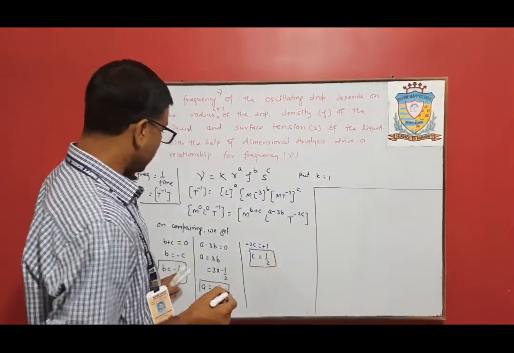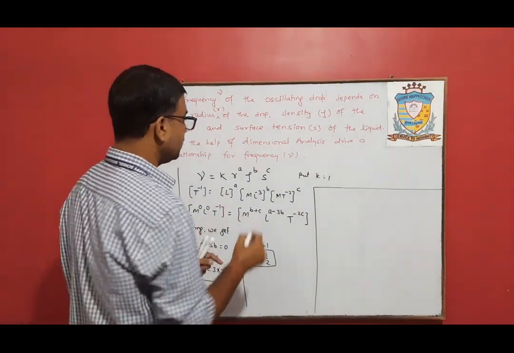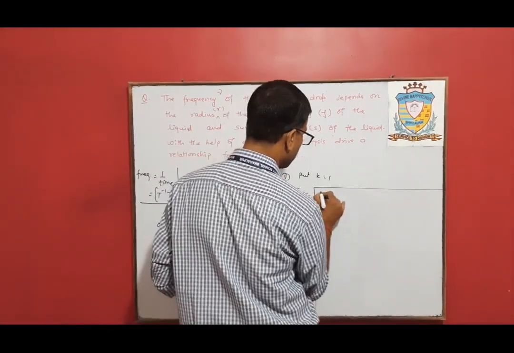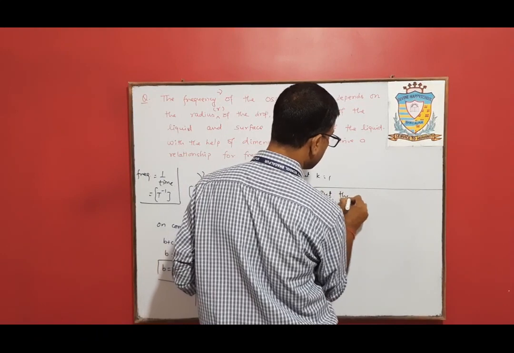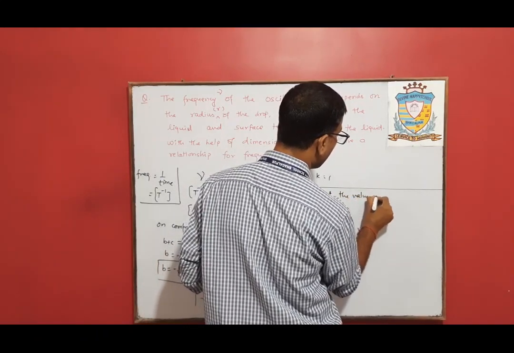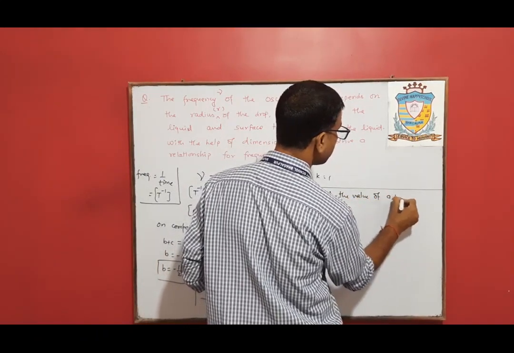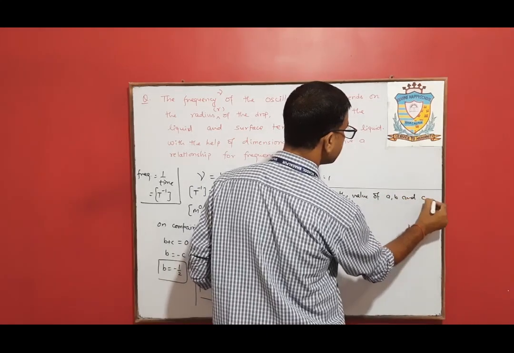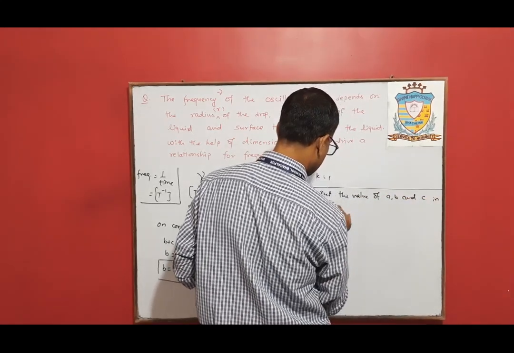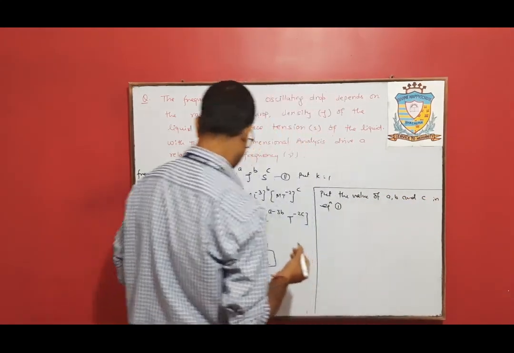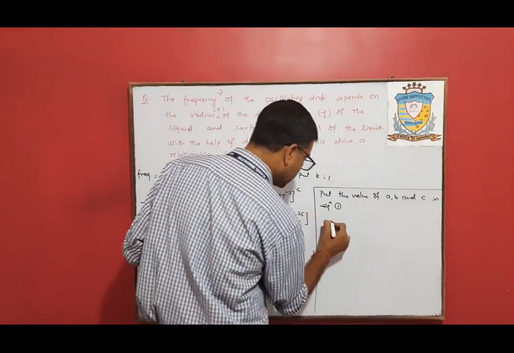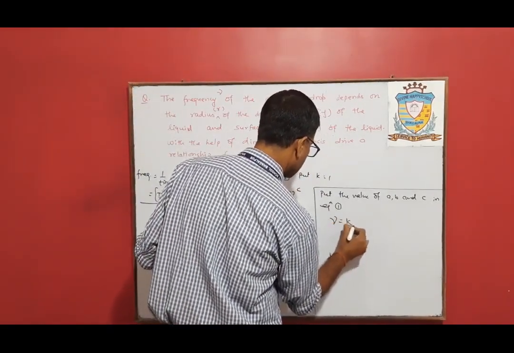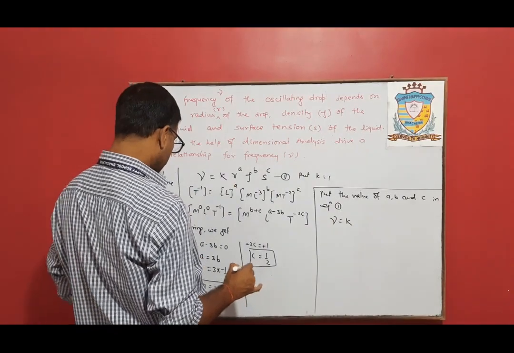Now put the value of a, b and c in equation 1. So nu can be written as k r raised to power a.